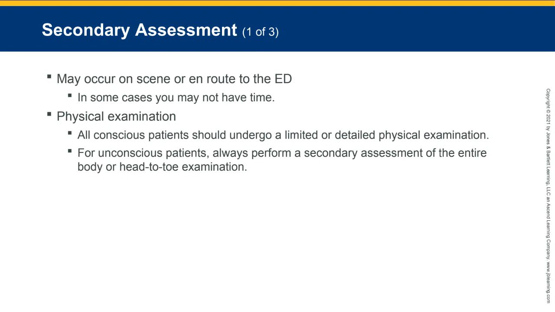So if you assess a patient's airway, breathing, and circulation, provide appropriate treatment, and they are not unstable, you can either do a rapid scan or a focused assessment. And a focused assessment would be indicated if the patient is not unstable. By doing a focused assessment at that point, you have moved your secondary assessment up.